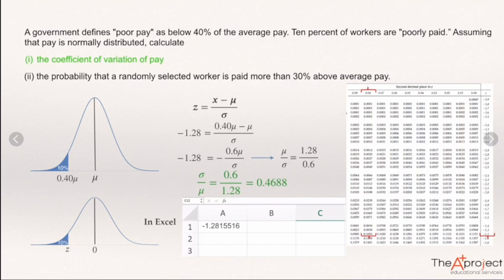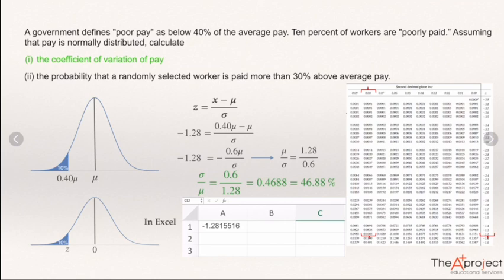So we have a coefficient of variation of 0.4688. This is equivalent to 46.88%. So we have the coefficient of variation, and we can use this value to answer the second question. We don't know mu, we don't know sigma, but we know mu divided by sigma, and that will be helpful for the next question.